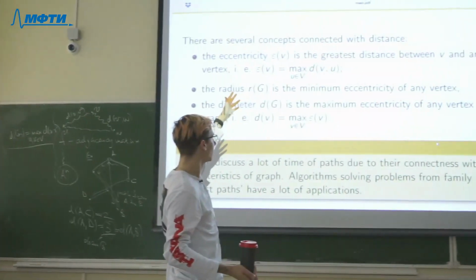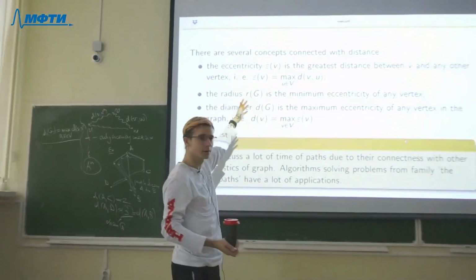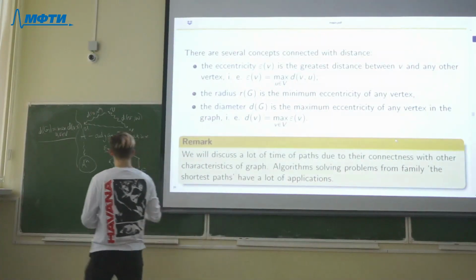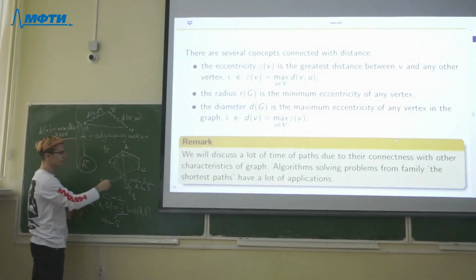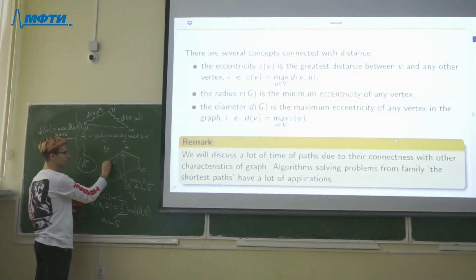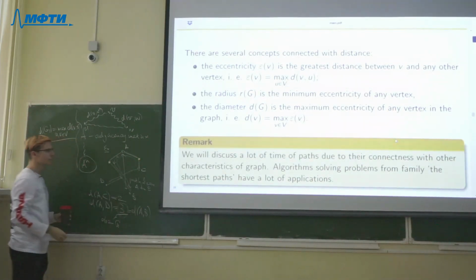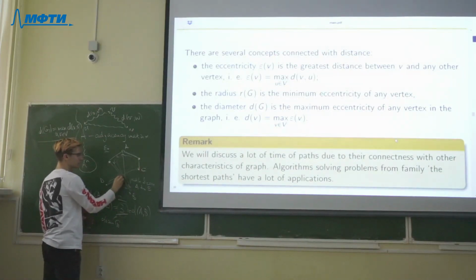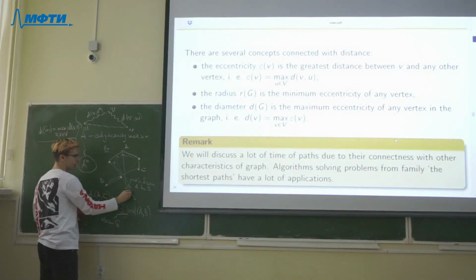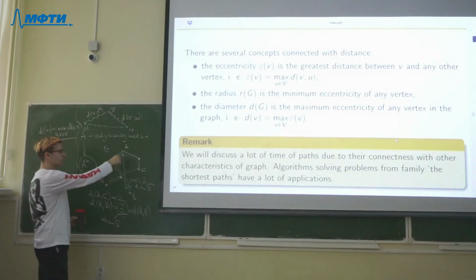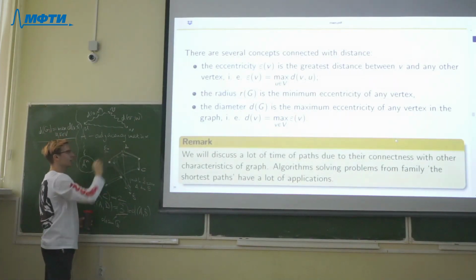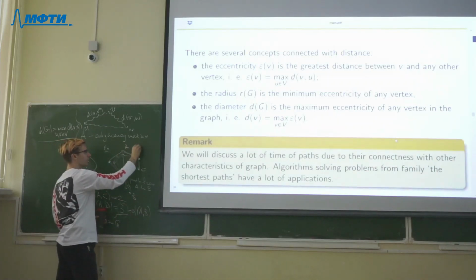Vertex V is given, and then we can calculate distance to other vertices. For example, from E, we have vertices on the distance equal to 1, on the distance equal to 2, and 3. So eccentricity of vertex A is equal to 3.